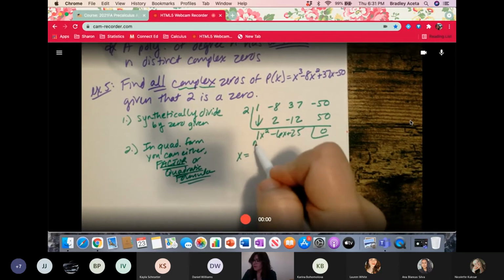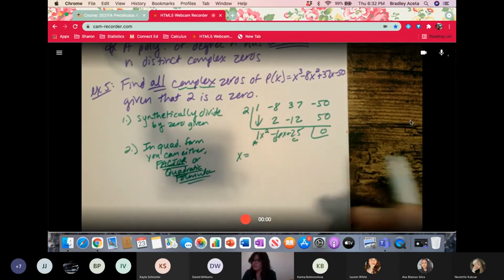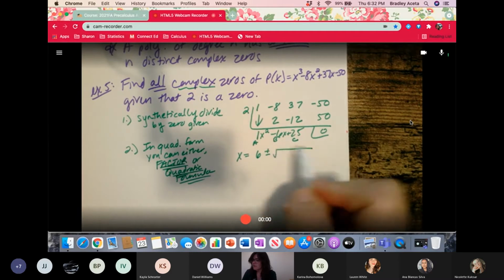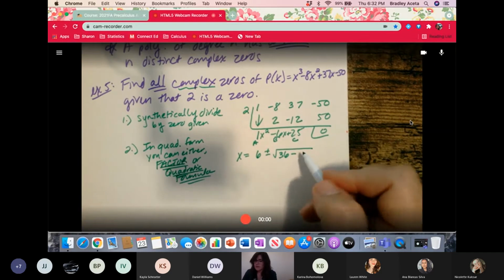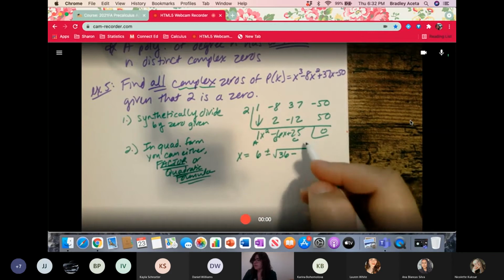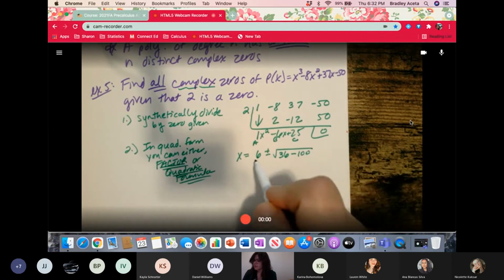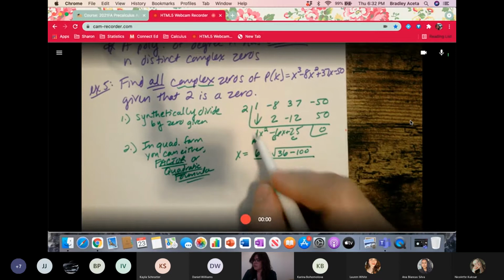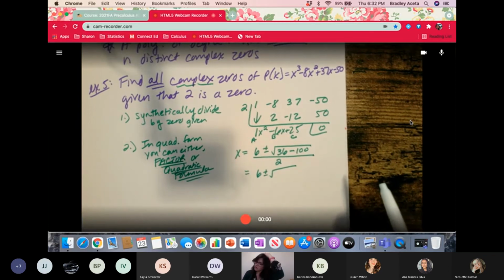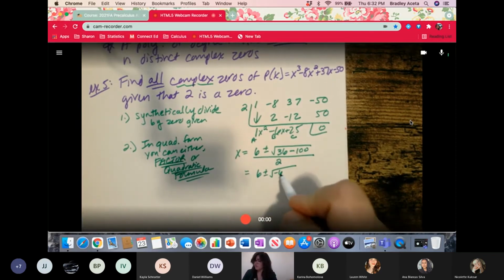This would be your A, your B, and your C. So negative B would be positive 6 plus or minus the square root of B squared, which is 36, minus 4 times A times C, which would be 100, all over 2 times A. And then let's keep cleaning that up. 6 plus or minus the square root of negative 64.